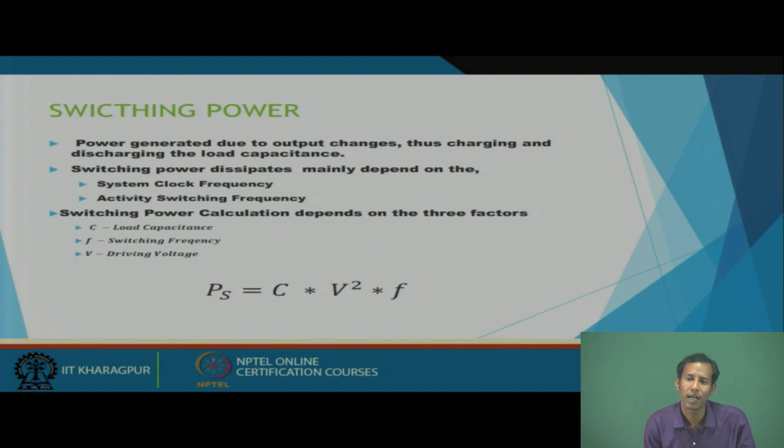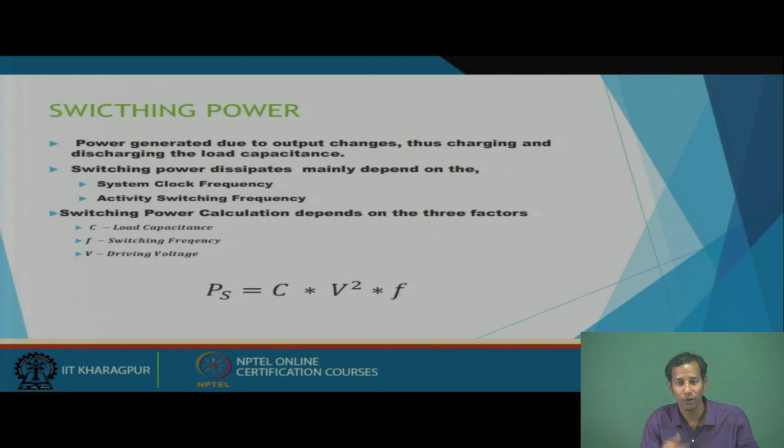Then again, the third part is what? Voltage. Voltage means you need the supply voltage, which is nothing but the VDD. If you increase the VDD, your power consumption will be more. If you use 1.8 volt, the power consumption will be affected by V square.